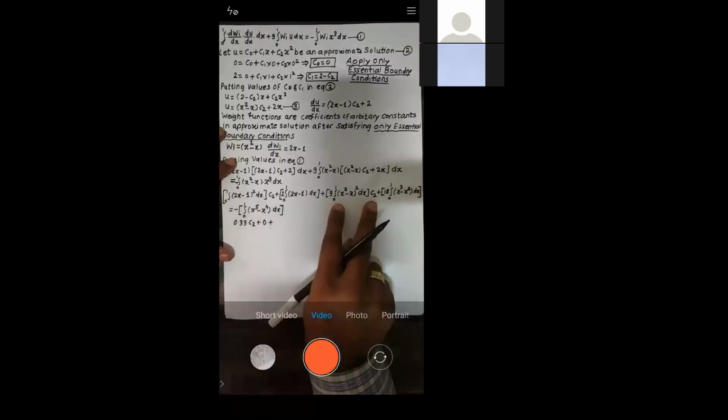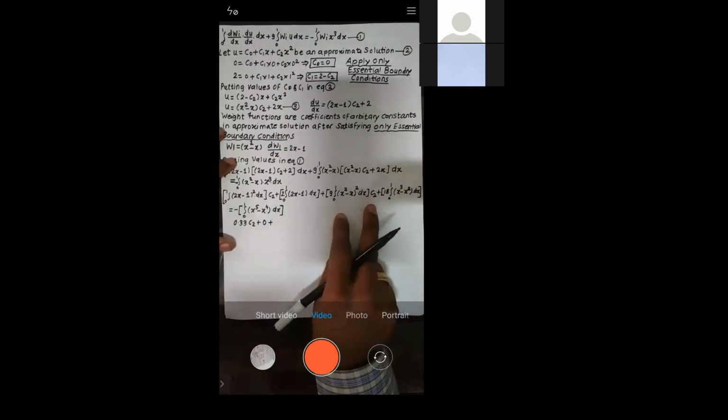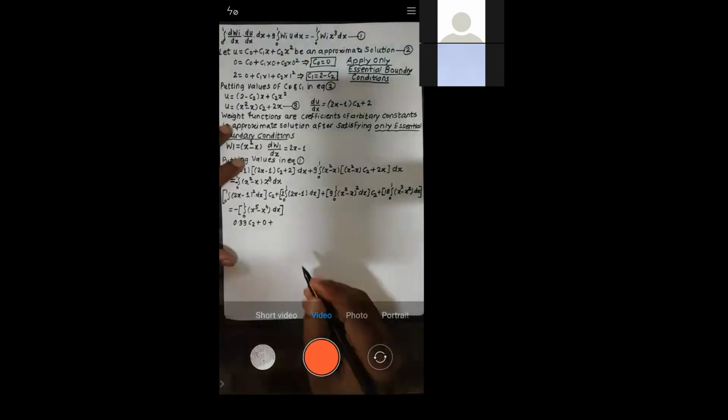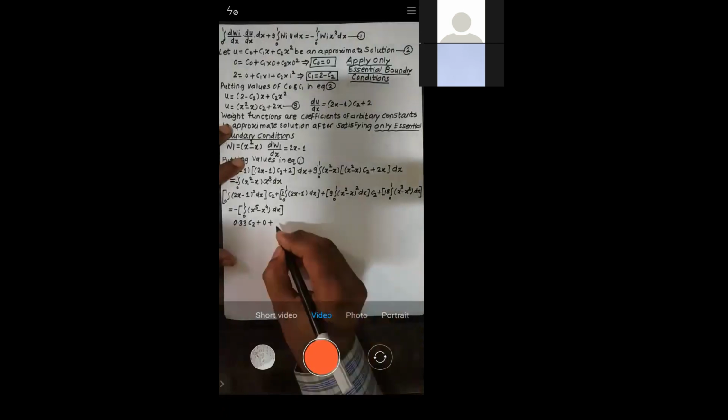All of you calculate it. Tell me the coefficient of C2. 9 integration 0 to 1 x square minus x, its square into dx. Tell me this. 0.3 sir. 0.3. It is positive. Yes sir, positive. 0.3 C2 I have written.